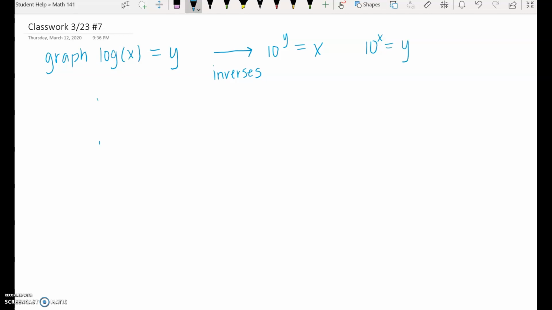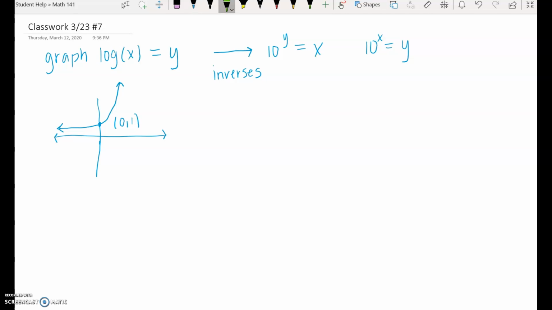And we talked about the exponential graphs in the past. We said that all of them would pass through the point 0, 1, and they had an asymptote of, in this case, the x-axis. So when we look at a logarithm graph, the x and y's are going to be changed.